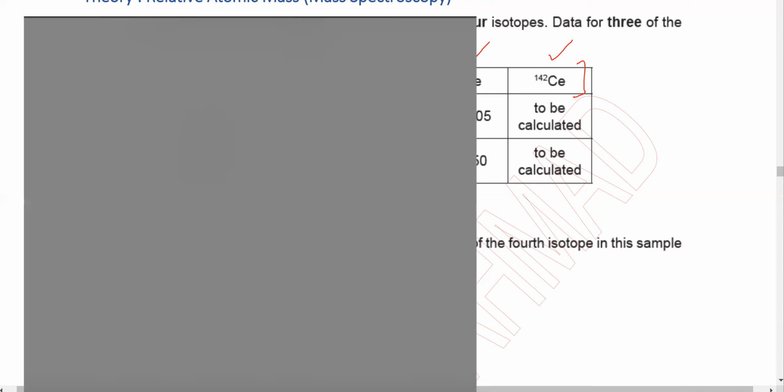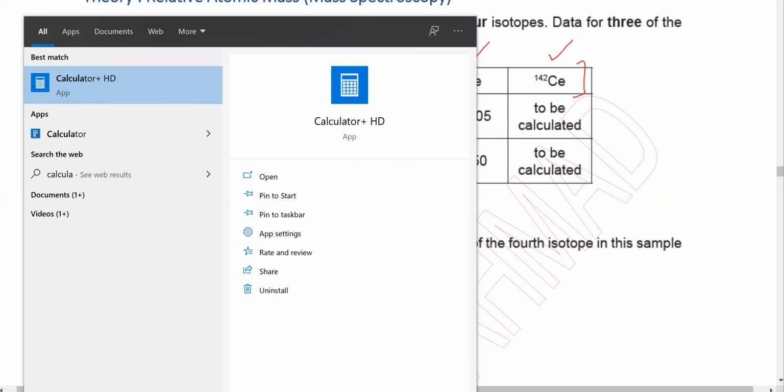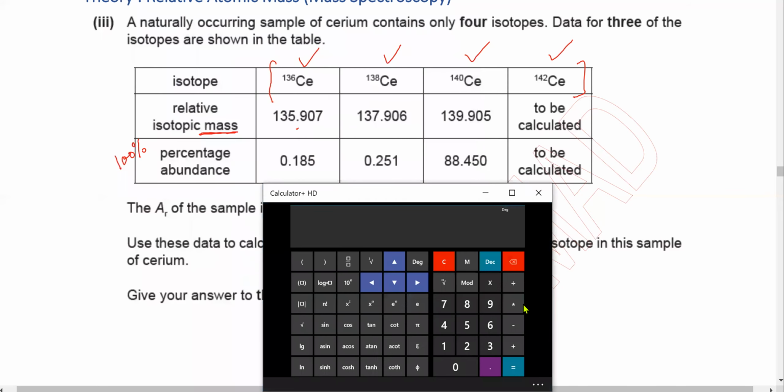So let me take out my calculator. It's going to be 100 minus all the percentages: 0.185, the other one is 0.251, and the last one is 88.450.